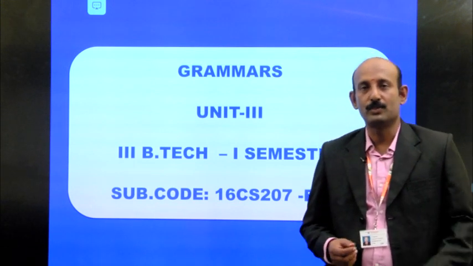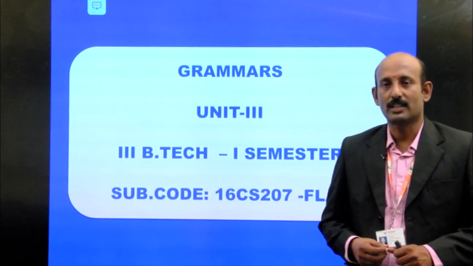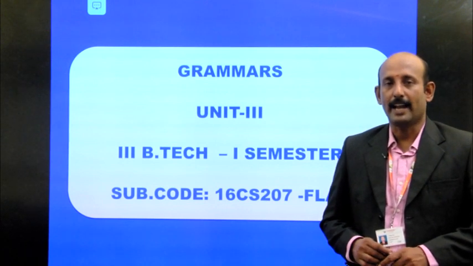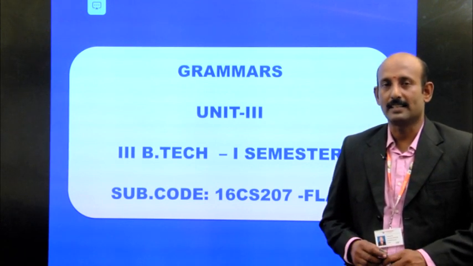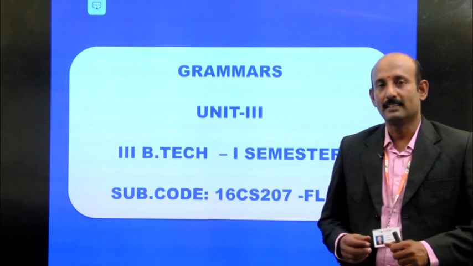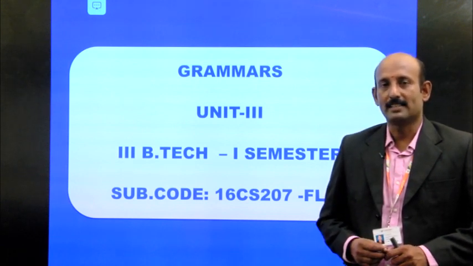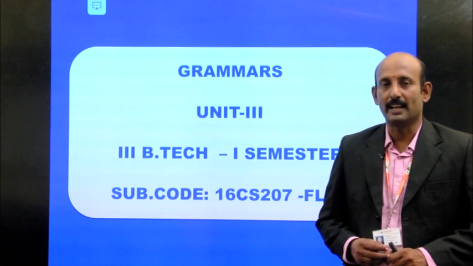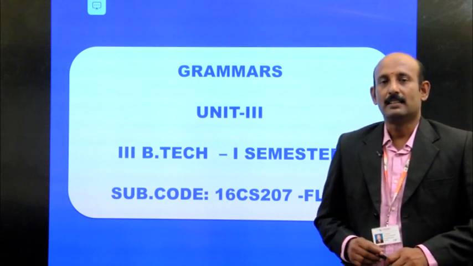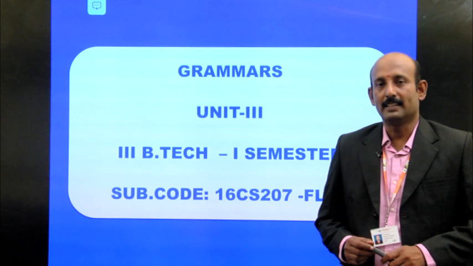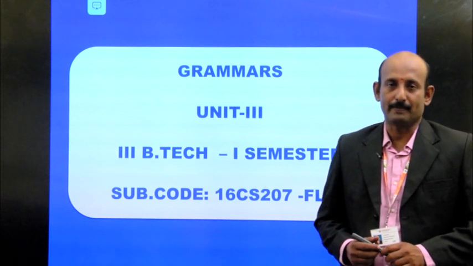Type 0 means phrase structured grammar, type 1 means context sensitive grammar, type 2 means context free grammar, and type 3 is a regular grammar.